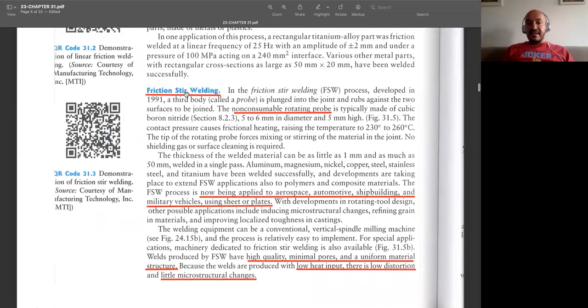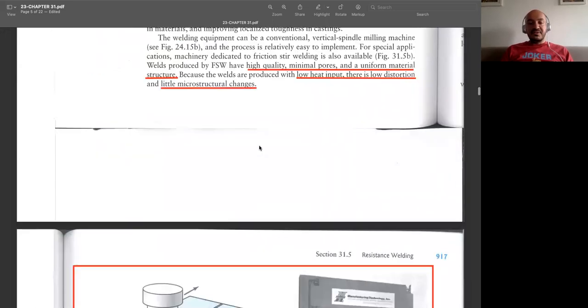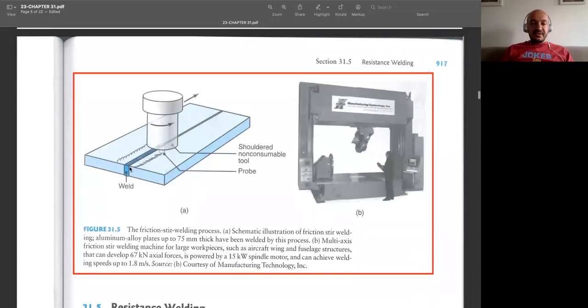And in this welding process, the parts are quite stationary, but the probe, which is moving at the interface, in between the parts, is rotating, and this is non-consumable. These are the parts, as you see, and they are stationary, they are not moving. We put them beside each other, and then we have this hat, and at the tip of this hat, we have a non-consumable rotating probe.